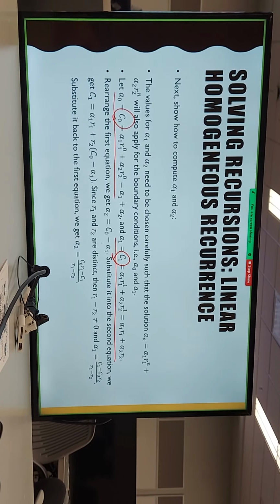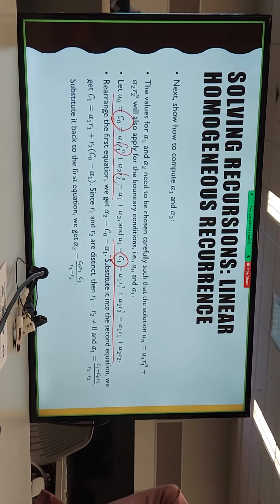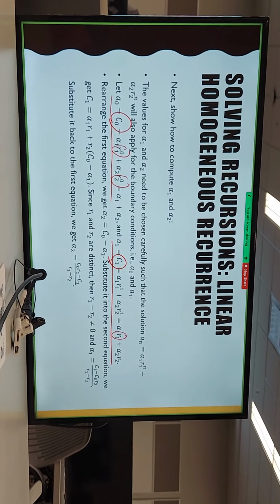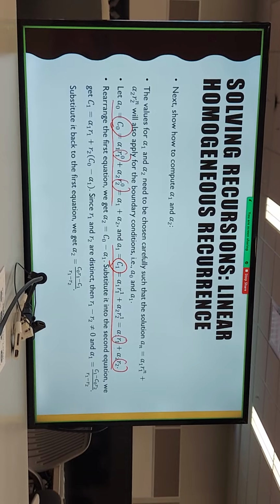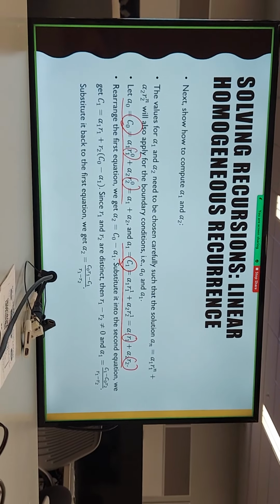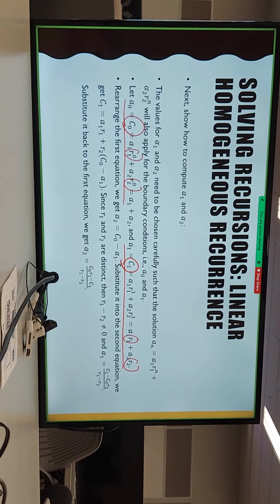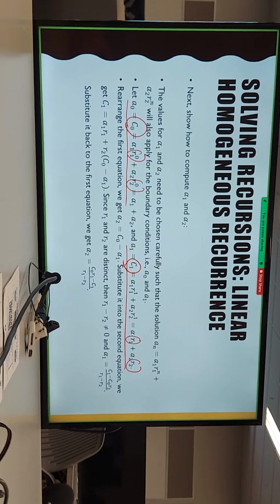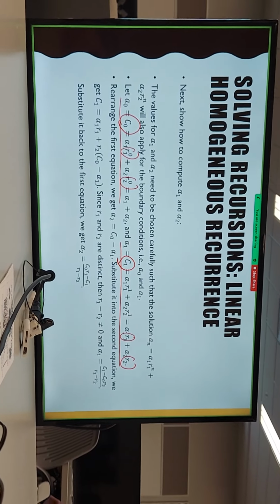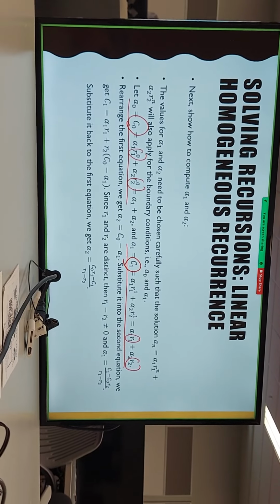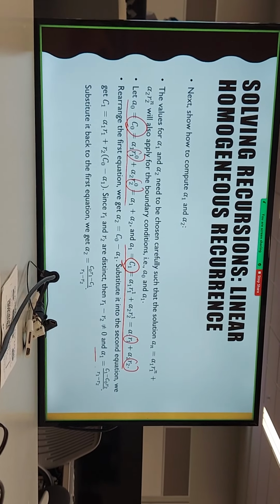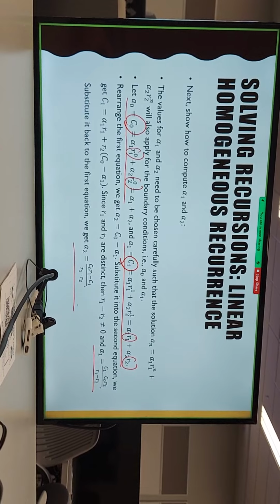So we have an equation system with two equations, and we're trying to solve for two variables, alpha 1 and alpha 2. So we can determine the values uniquely, and then we simply say alpha 1 equals that, and alpha 2 equals that.